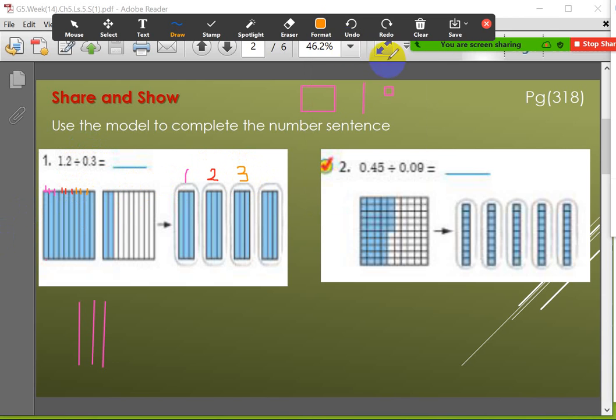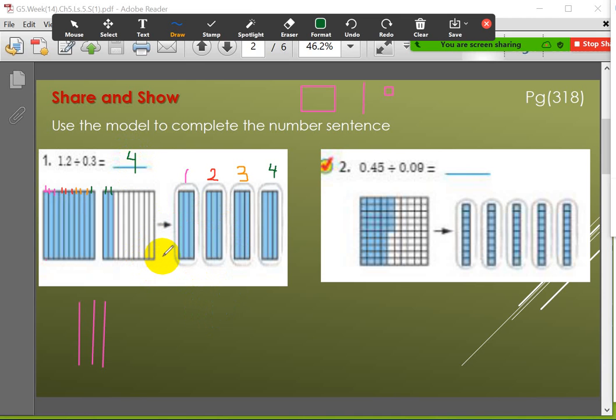Now I will change the color to green and take another 3, so it will be 1, 2, and 3. This gives me the fourth group. So how many groups do I have? I have 1, 2, 3, 4. So the answer for this division is 4, the number of groups.